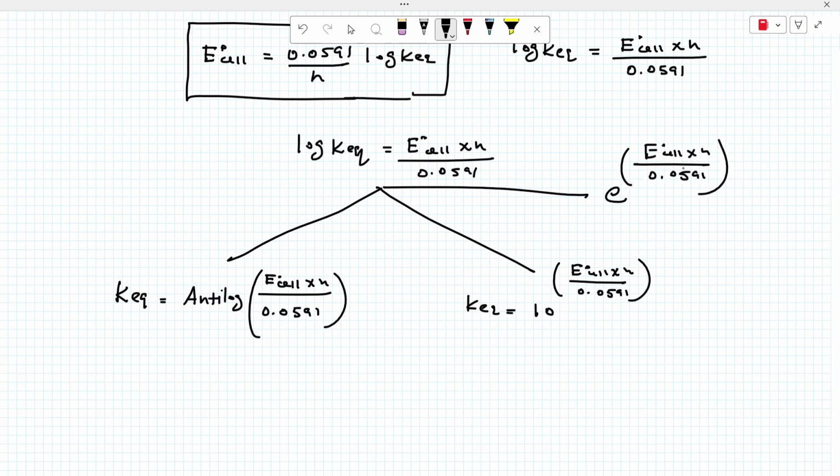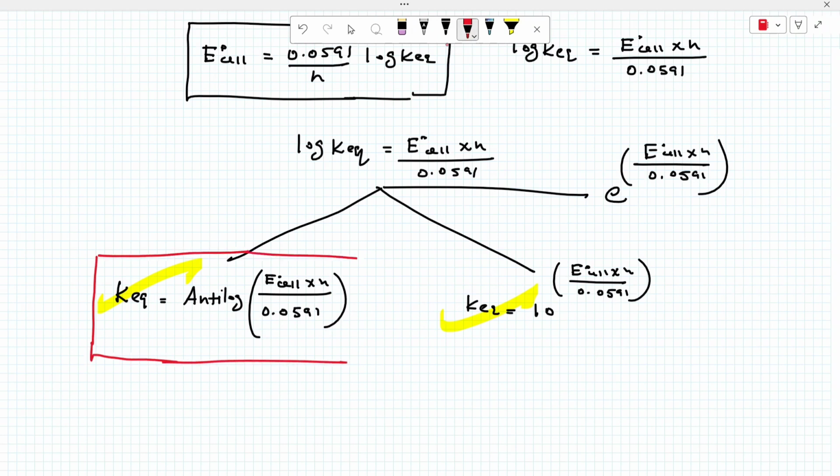Maximum cases, we can apply these two formulas. Whenever it is an equilibrium problem, we have to know how to take antilog. Tomorrow I will teach how to take antilog and log without a calculator; there are tricks, we will see tomorrow. Okay, now this concept: if the options are in 10 power, you can use the second formula; if e power, the third formula.